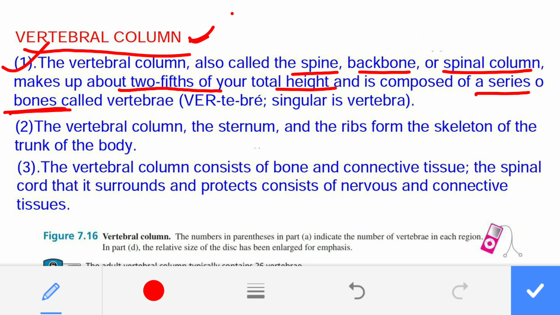The series of small bones are known as the vertebrae, and the singular is vertebra. So in other words, many vertebrae join together and form the vertebral column.